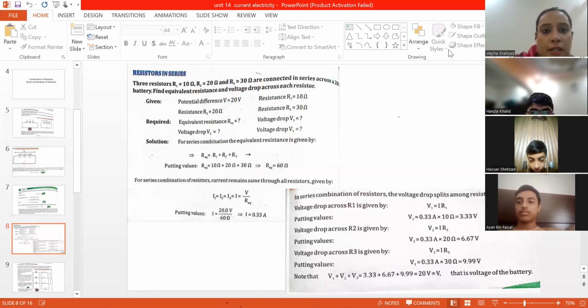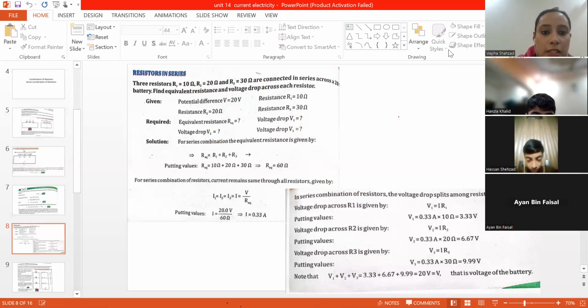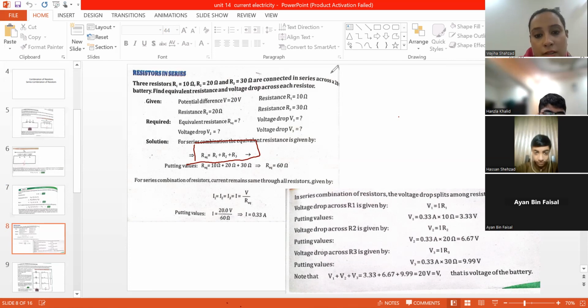We know that in case of series combination, the equivalent resistance is given by the equation R equivalent is equal to R1 plus R2 plus R3, right? Putting the values in this equation, R1 is 10 ohm, R2 is 20 ohm, R3 is 30 ohm. We simply add these resistors and we get the answer 60 ohm, which is equal to the equivalent resistance, or we can say the total resistance, right?